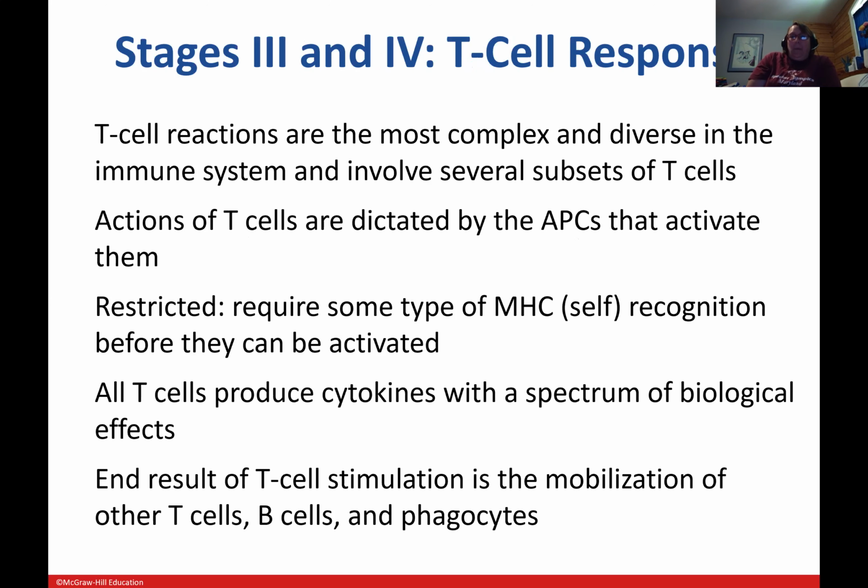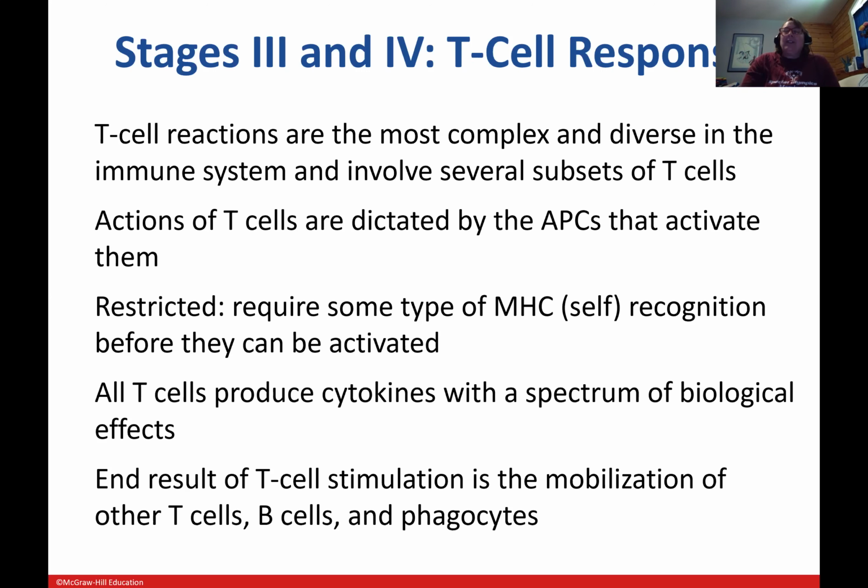Okay, so we're now at stages 3 and 4 of that cellular immune response. The response by T cells is really the most complex and diverse in the entire immune system. And as we mentioned, there are several subsets of T cells, each of which has a slightly different job.